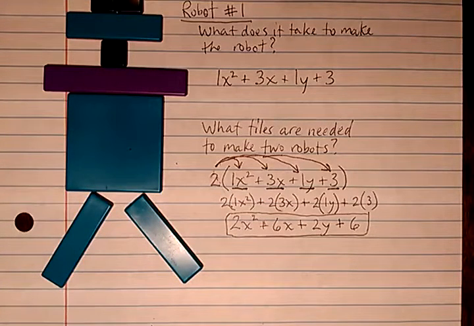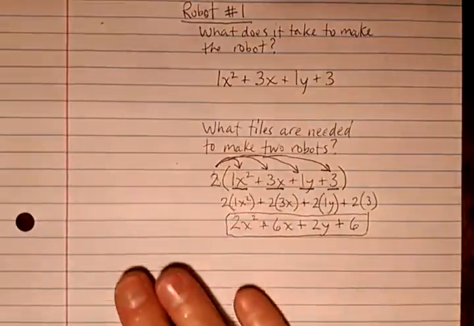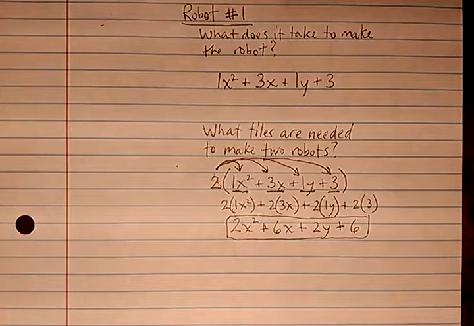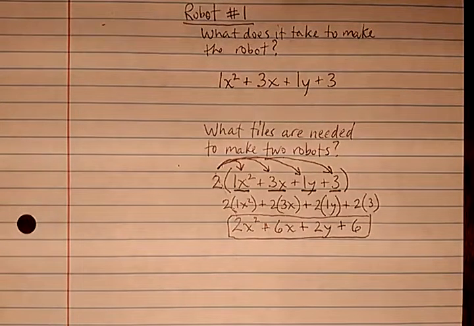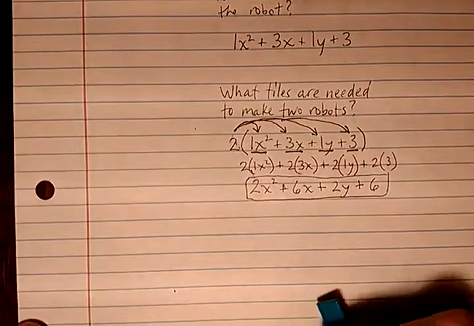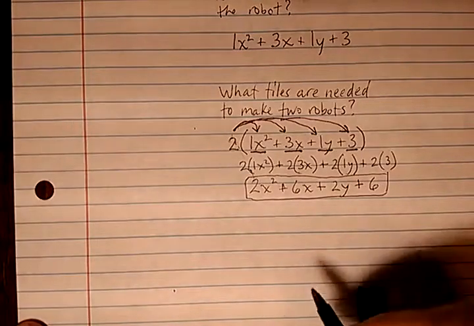Okay, so now I'm going to give you a new kind of robot, and I want you to figure out what you're going to need to make more than one of these. First, I'm going to show you the robot, what it looks like. So this is going to be robot 2.